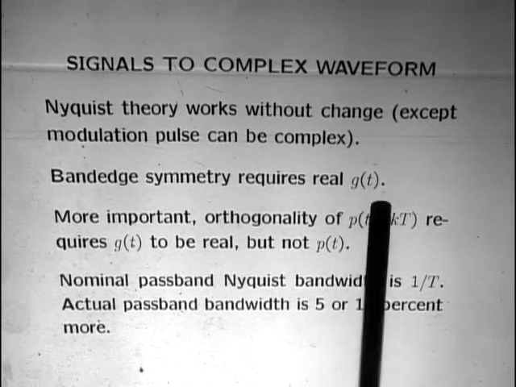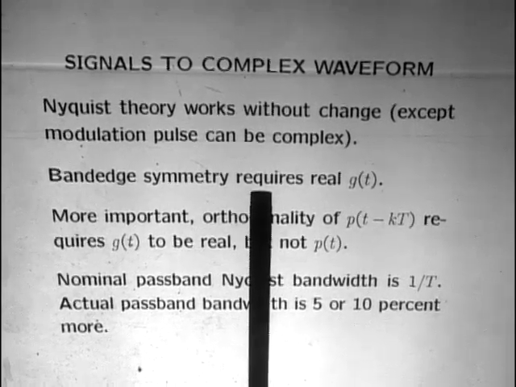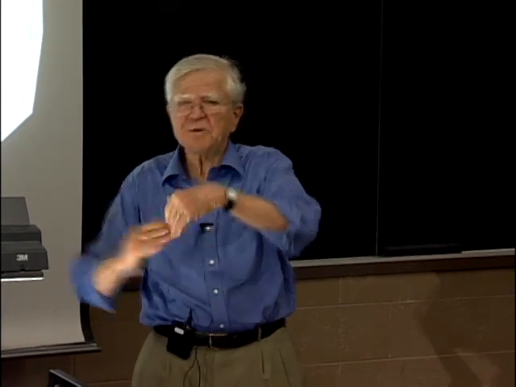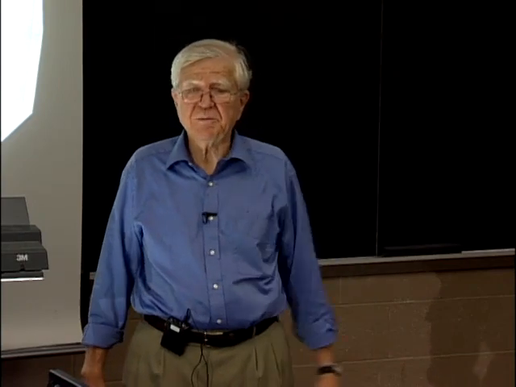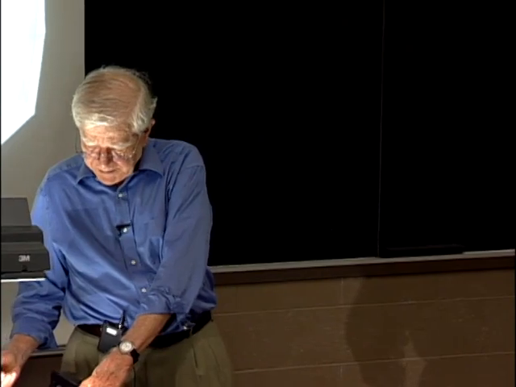When you choose G of t to be real, the negative frequency part is the complex conjugate of the positive frequency part, which is why when we took this out-of-band stuff at negative frequencies and piled it into the positive frequencies, we got the same thing as if we simply rotated around on the positive frequencies. So that band edge symmetry condition really requires that G of t be real.